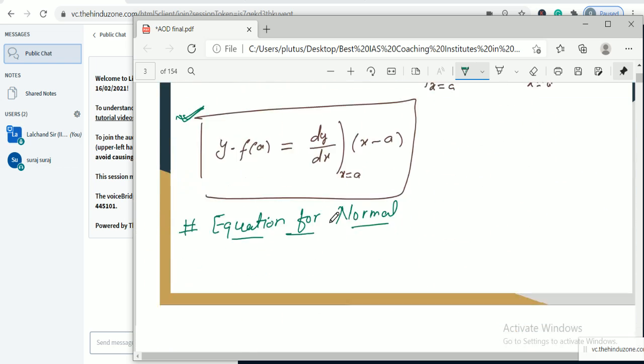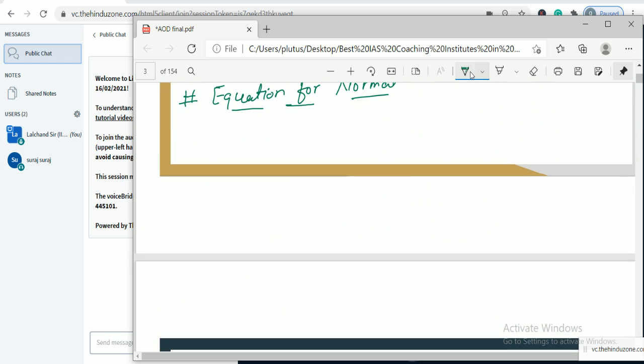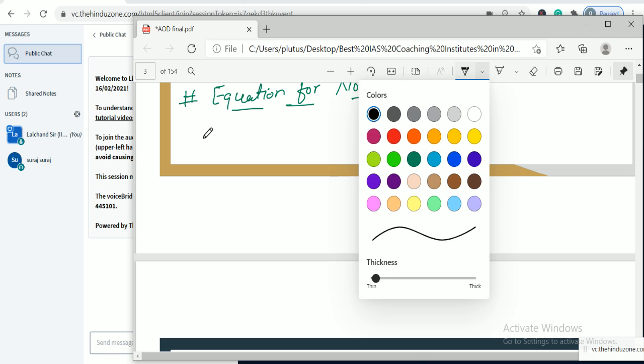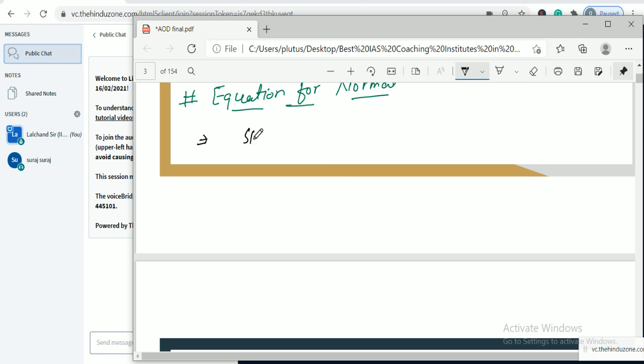So we can say slope of normal into slope of tangent equal to minus 1, isn't it?